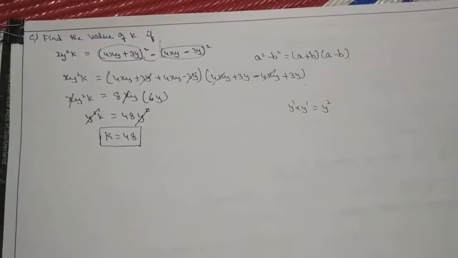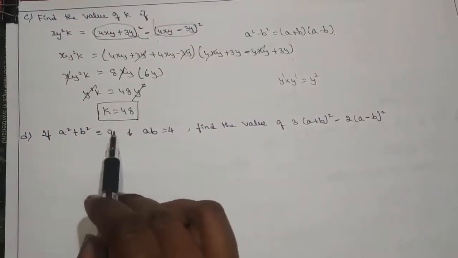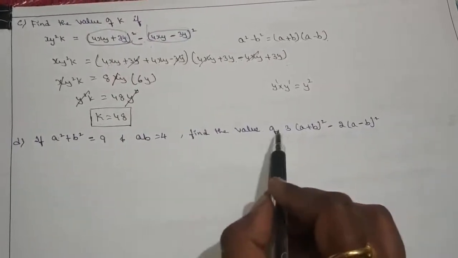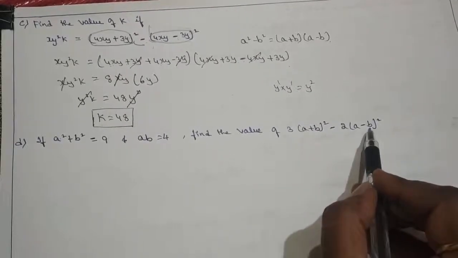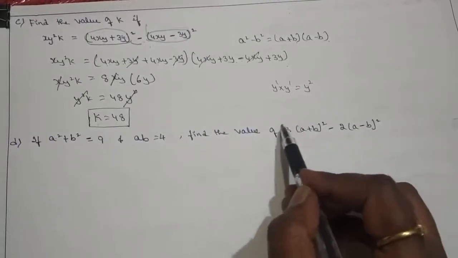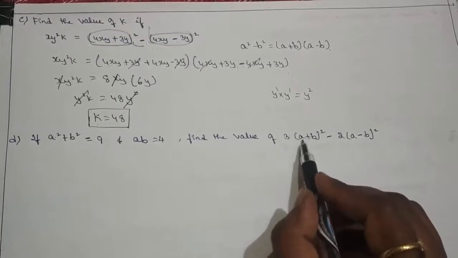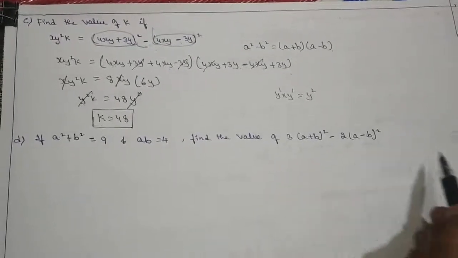Now we'll move to question D. If a square plus b square equal to 9 and ab equal to 4, then find the value of 3 into (a plus b) whole square minus 2 into (a minus b) whole square. Is any identity suitable for this complete term? What you have to do is apply the identity, that is the (a plus b) whole square identity, and here the (a minus b) whole square identity.